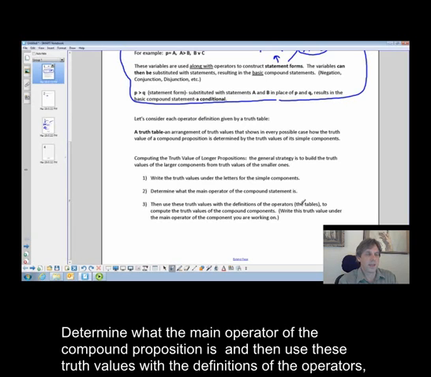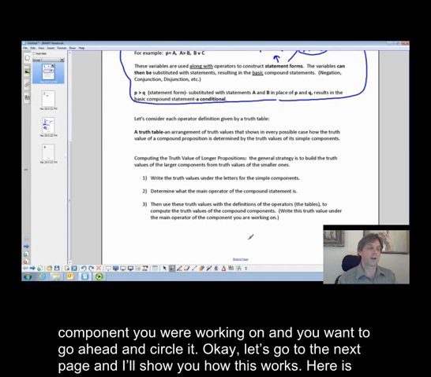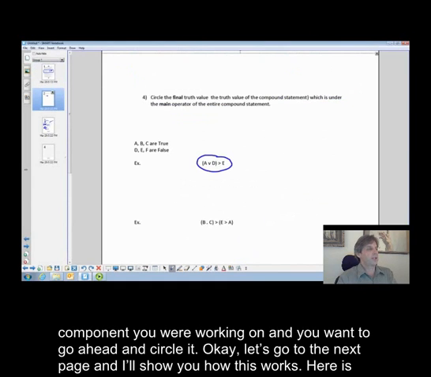Determine what the main operator of the compound proposition is, and then use these truth values with the definitions of the operators, the tables I showed you, to compute the truth values of the compound components. And write this truth value under the main operator of the component you were working on, and you want to go ahead and circle it. Okay, let's go to the next page and I'll show you how this works.